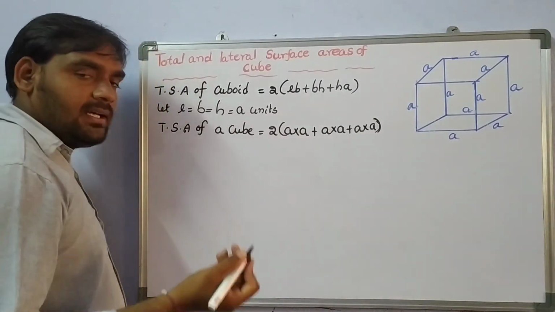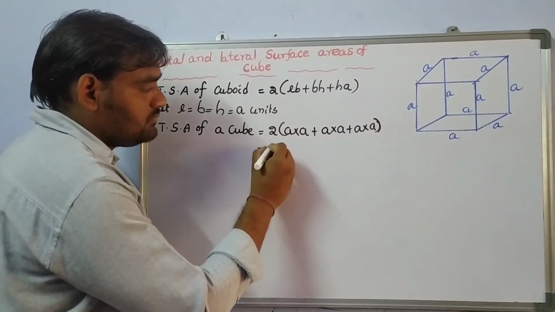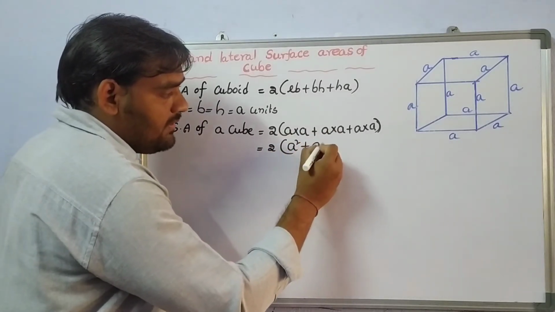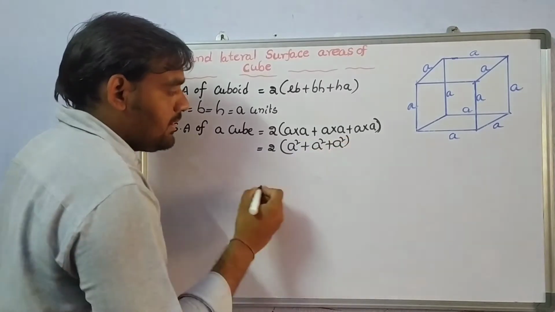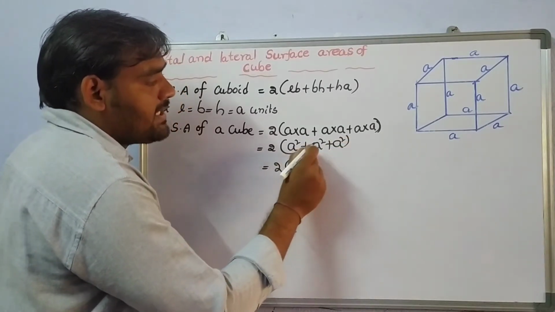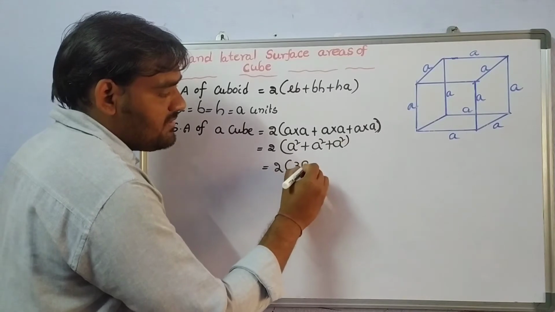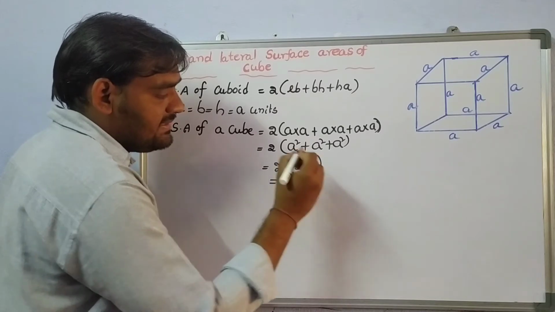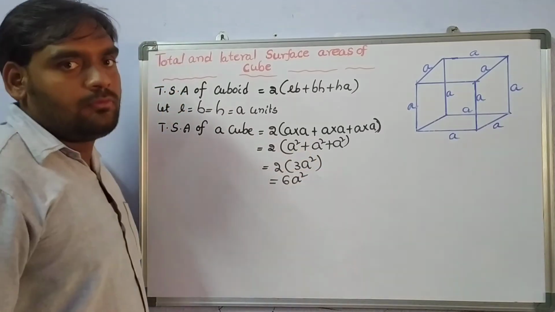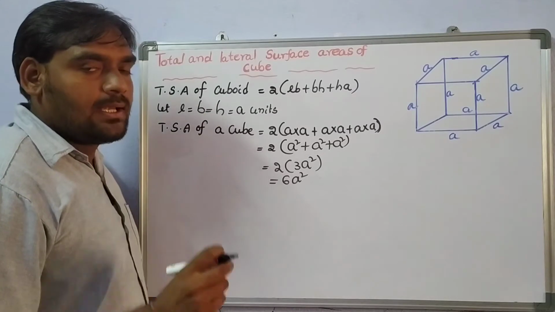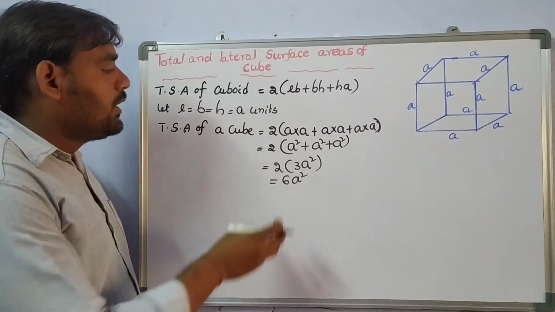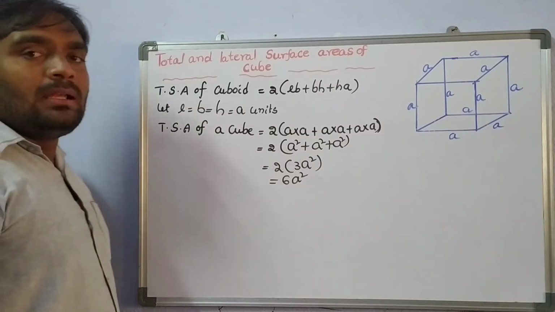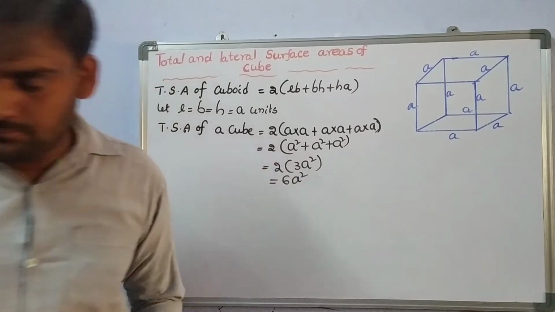Length, breadth and height are the same. So 2 of a square plus a square plus a square, that is 2 of 3a square. Total surface area, 2 threes are 6a square. When the edge of a cube is a units, the total surface area of a cube is 6a square.